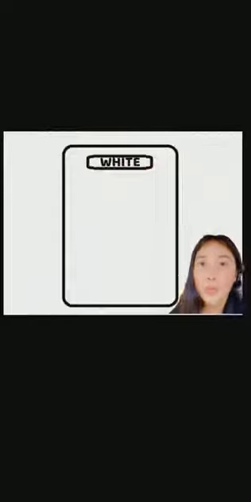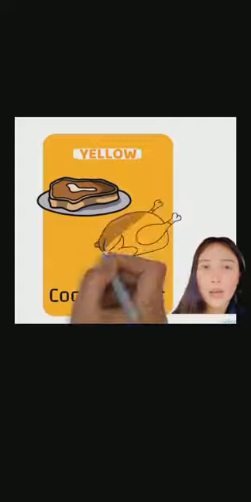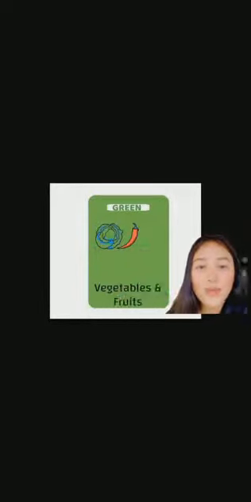Individuals must use different types of chopping boards for every dish they make, such as white chopping board for bakery and dairy products, yellow chopping board for cooked meats, brown chopping board for rooted vegetables, red chopping board for raw meats, blue chopping board for raw fish, and lastly, green chopping board for salad, fresh fruits, and leafy vegetables. By doing this, we can prevent contamination.